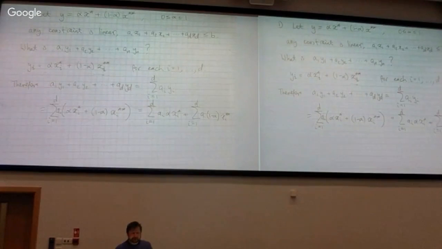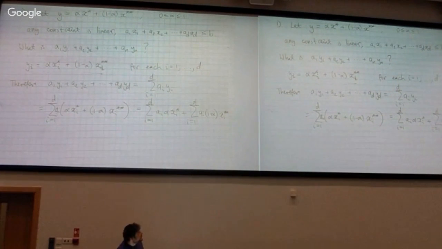Yeah. That's just expanding the bracket and then making two different sums.